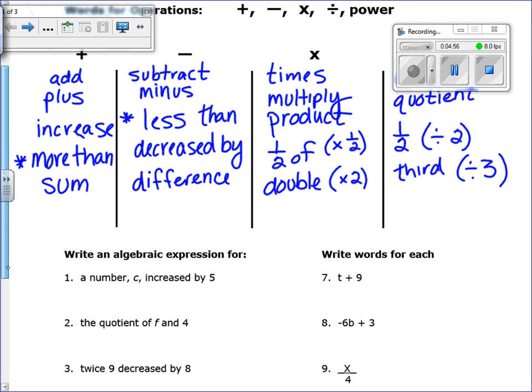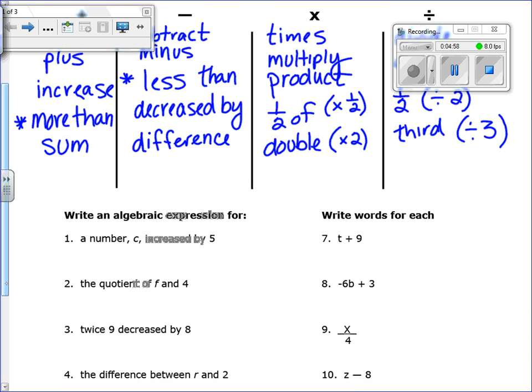And so what we want to do is we need to know these words because we're going to see algebraic expressions. And what we need to be able to do is use these and say, okay, what do we need to do? We need to know the words in order to know how to rewrite it. So it says a number C. Now take a look at what I'm going to do here. What I'm going to do is I'm going to underline my variable. Okay?